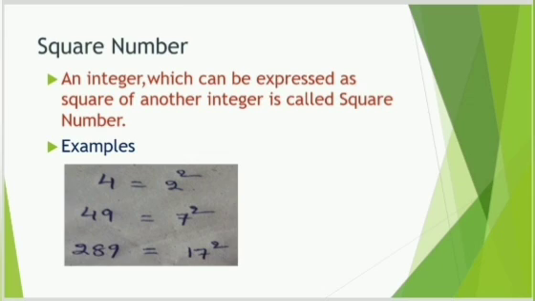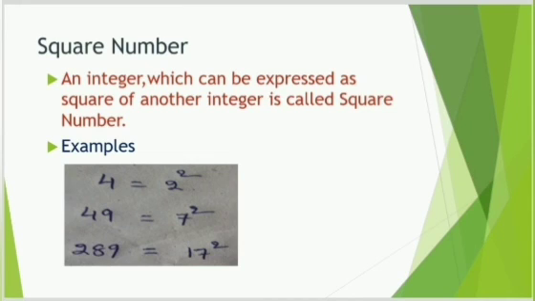This can be written as 7 square. Therefore 49 is square number and 49 is also perfect square. Next example 289. 289 is equal to 17 square. 289 is also square number, at the same time perfect square also.